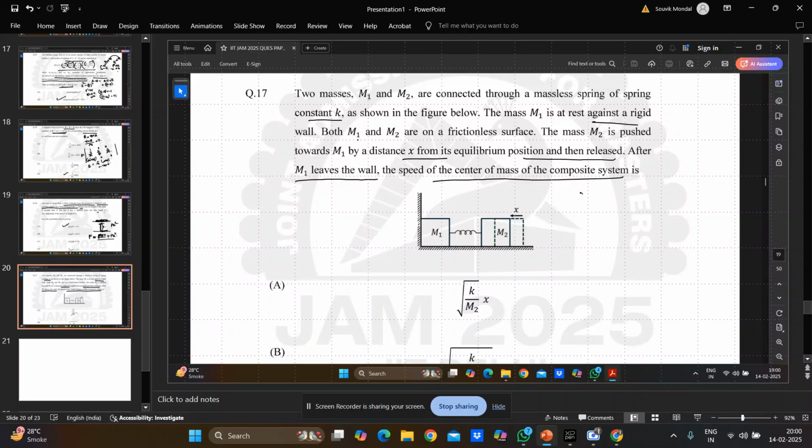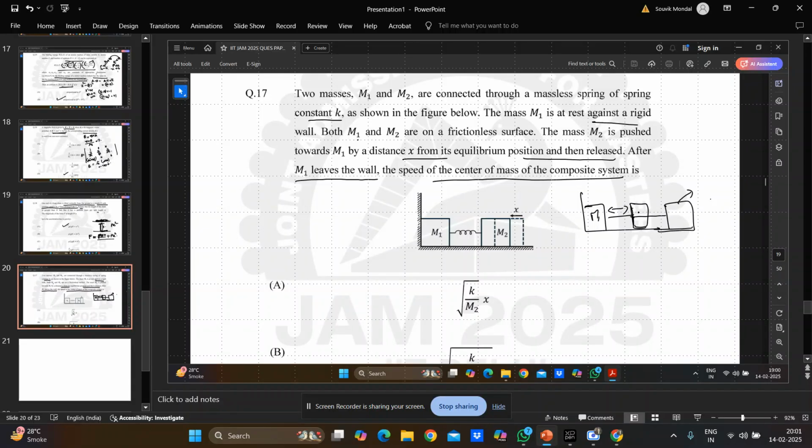So they are basically telling you that you pushed it a little bit, and then it will come back to its original position and go further. At the moment when it leaves the wall, you have to calculate the velocity. When you push it, the spring is compressed, then it gets back to its original length and acquires some velocity because of this compression.